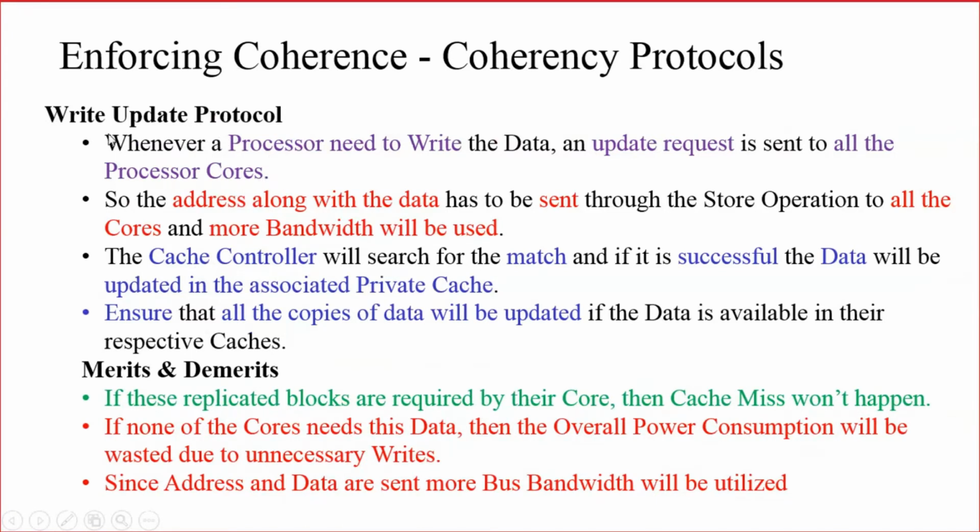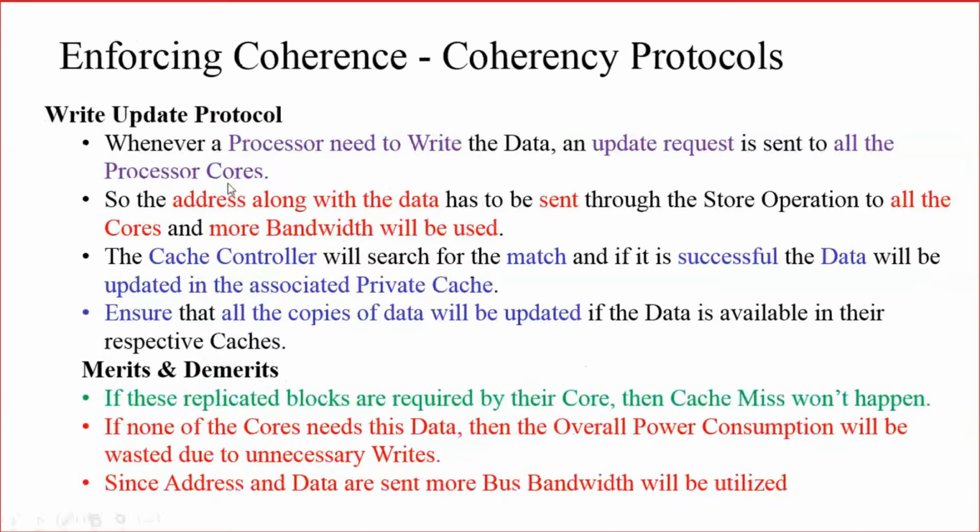But in the previous write invalidation protocol, what was done? When a processor needs to write the data, it sends an invalidation request to all the other processor cores, so that all the other blocks of memory in other cores having the same data will be invalidated.